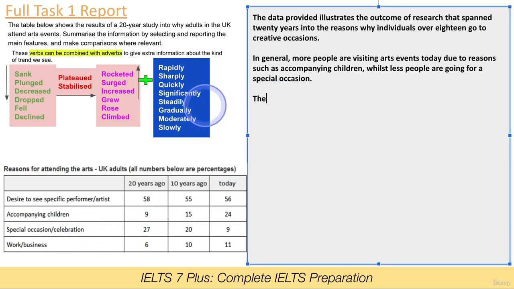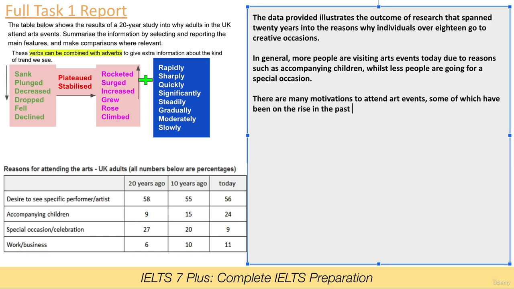So we can say there are many motivations to attend art events, some of which have been on the rise in the past 20 years.